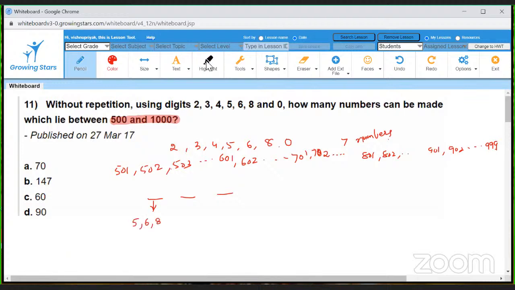Of course, 7 is not given to you. 8 is given. Of course, 9 is not given to you. So the first digits can be only 5, 6, 8, because then only they will be between 500 and 1000.